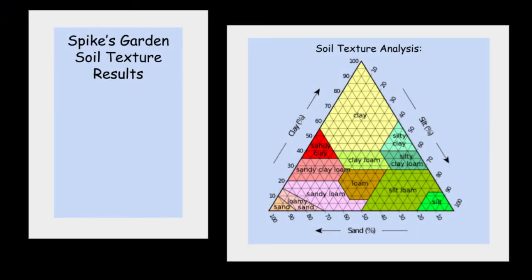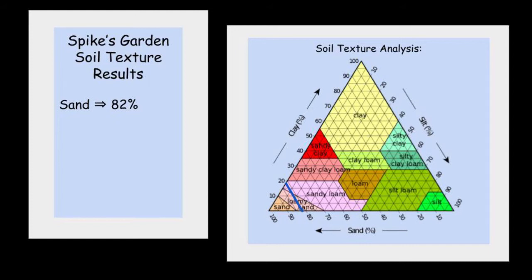With my calculations complete, I can determine my soil texture using this triangle graph. This graph is divided into different types of soil texture. Starting with sand, I will draw a line for 82% sand.